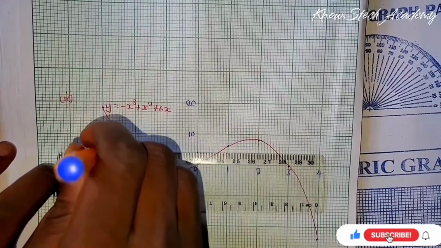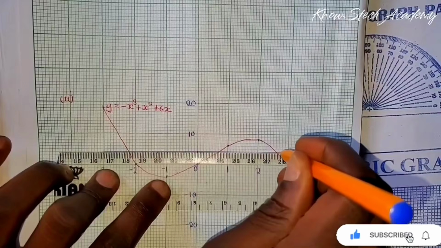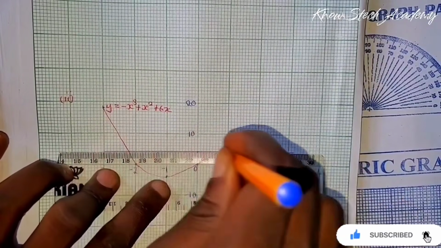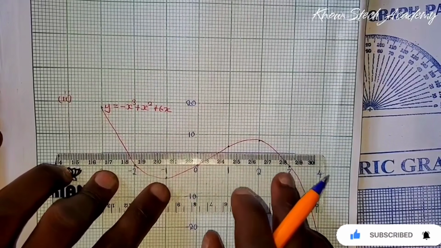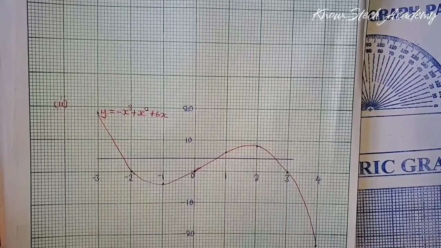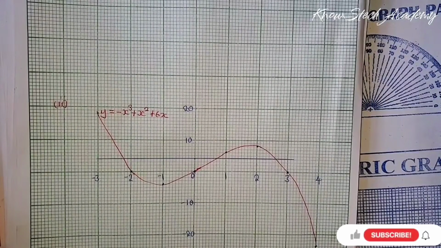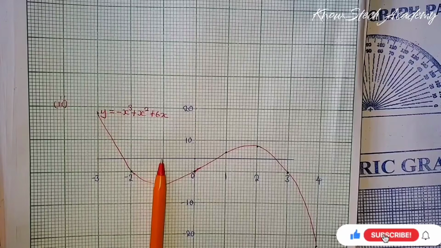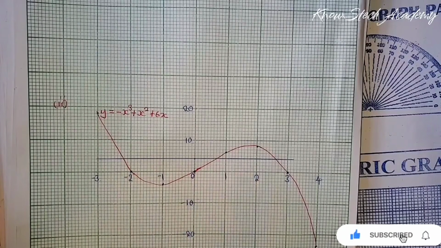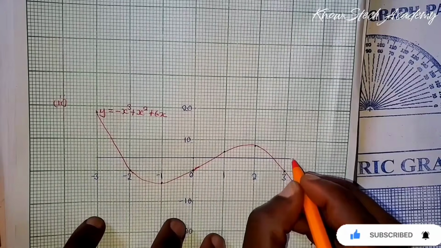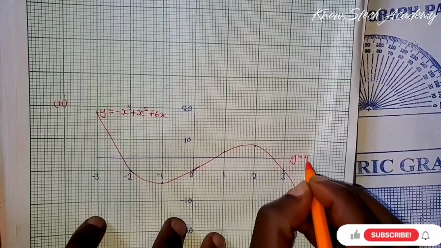So you draw a straight line cutting the curve. Make sure you extend it, you don't just end here. You extend the line until it cannot cut the curve anymore. So this is y equals 4.